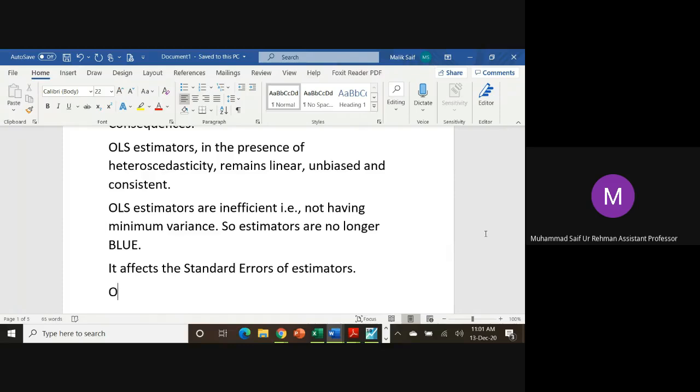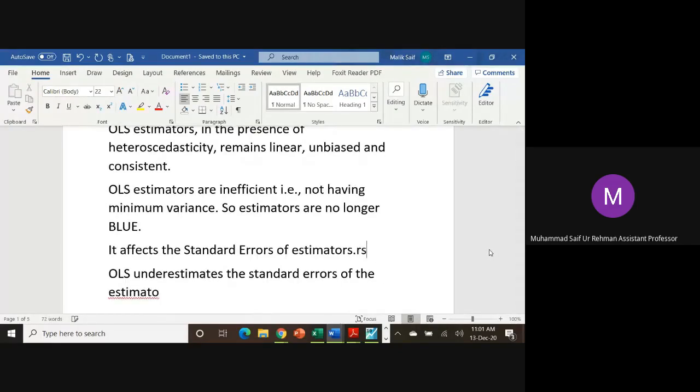If there is heteroscedasticity in the model, then the OLS method underestimates the standard errors of the estimators.